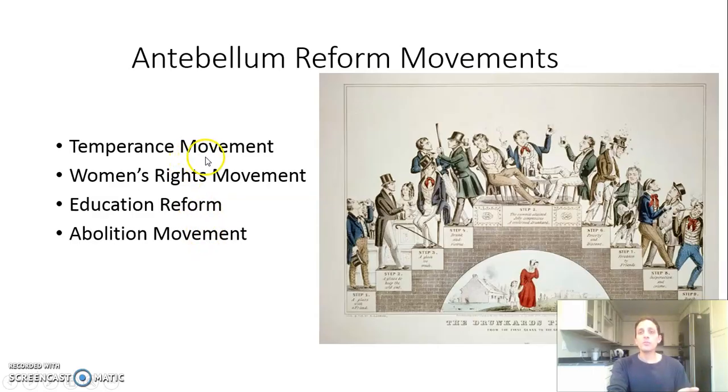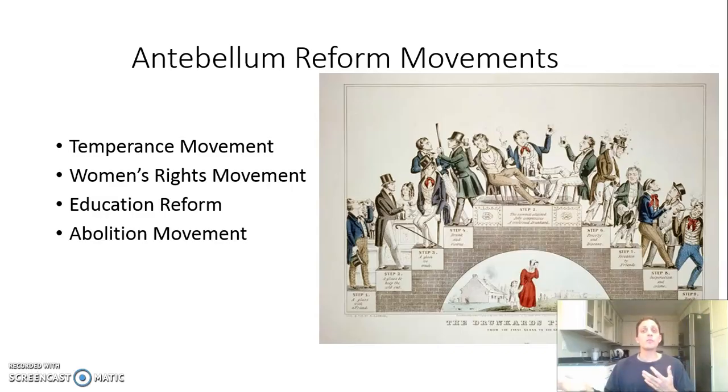The temperance movement definitely gets its origins in a lot of ways through the Second Great Awakening. And you have organizations like the Women's Christian Temperance Society that are trying to convince Americans to limit their alcohol consumption because they feel it's an ill of society. These movements are very religiously inspired.